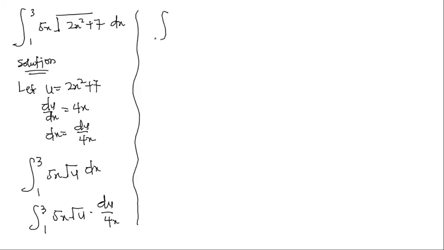We have the integral from 1 to 3, x root u dx. But we are saying dx is du on 4x. So we have the integral from 1 to 3, x root of u multiplied by du on 4x. That means this can be rewritten as x on 4x multiplied by root u du. Okay, so the x will cancel, so I'll bring the constants out.